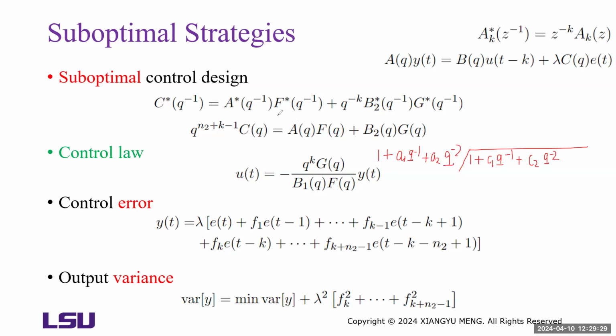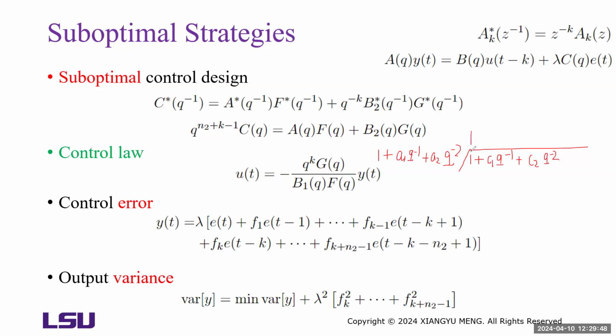In the minimum variance controller, for example, assume k is just 1. Therefore we know this F is just 1.